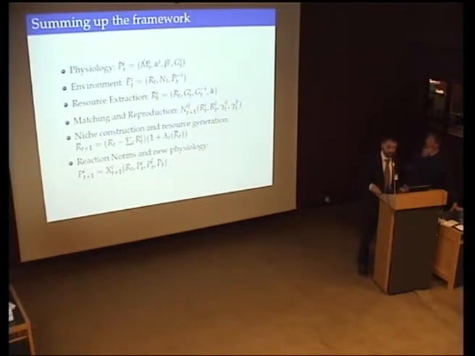At each generation, physiologies develop according to a reaction norm that may or may not take into account the resources that are in the environment, the physiologies of all the other agents of the population, and possibly also a special influence from the physiologies of the parents.